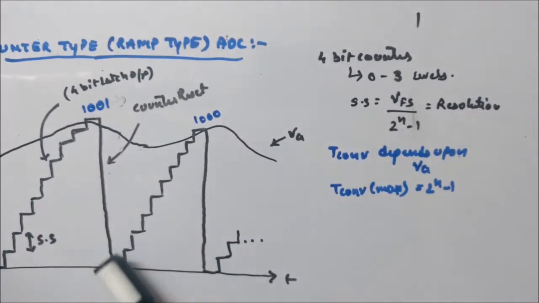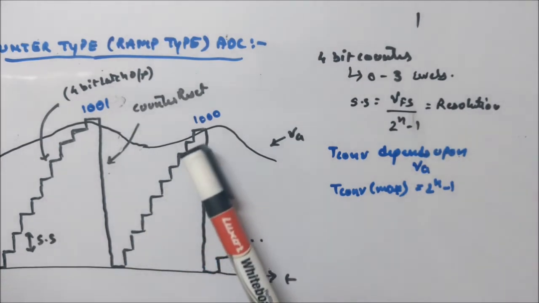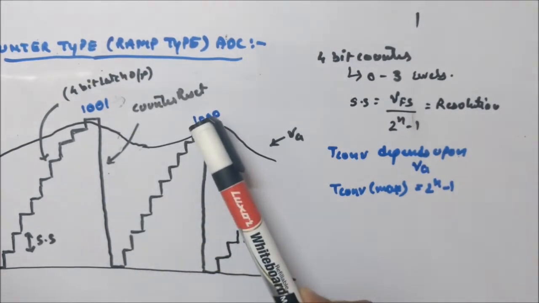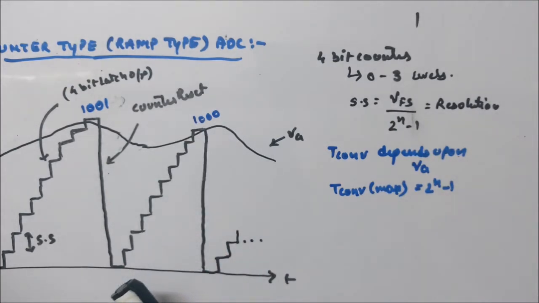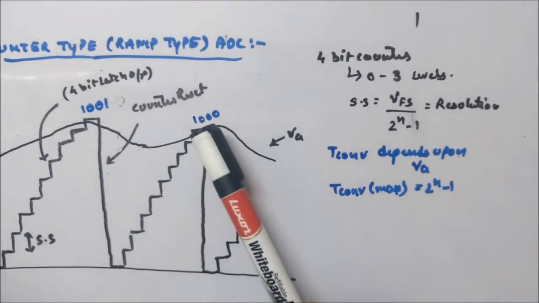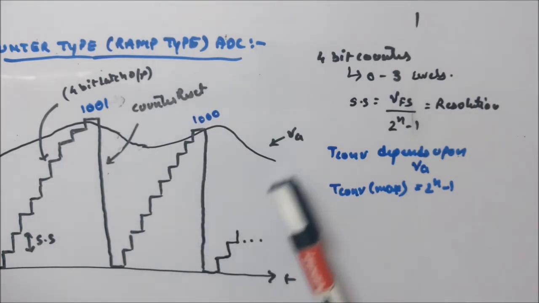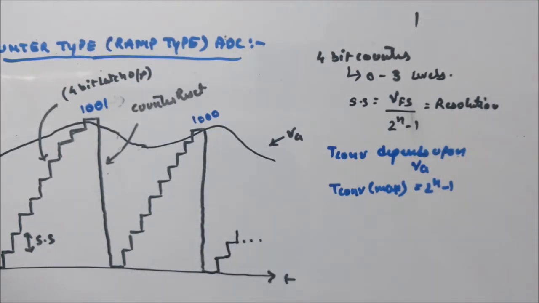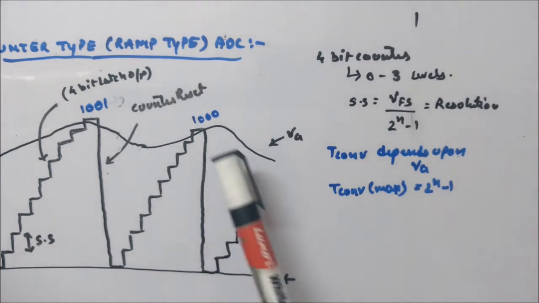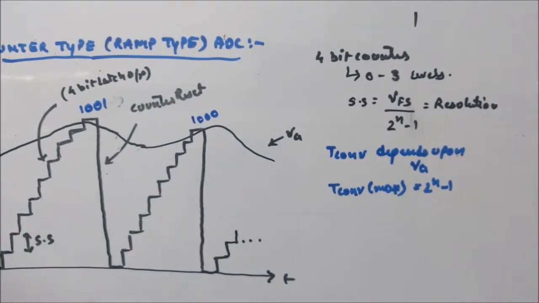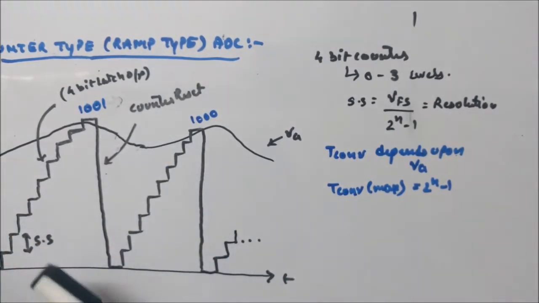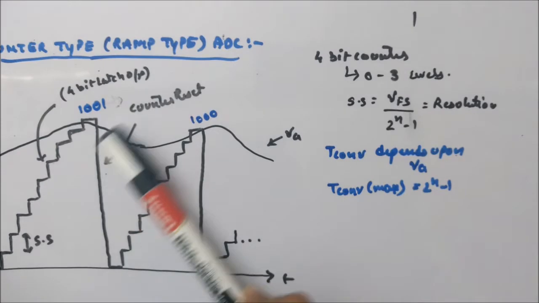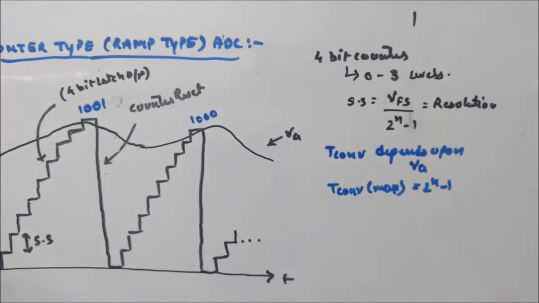Okay, similarly again it will go down, it will reset, it will start counting again, it will go till VA will be less than your VDAC. At that point of time again reset, then again it goes on and on. So you can see it's not very efficient, because it is missing this part, plus it is only able to count the curves in the upper direction.